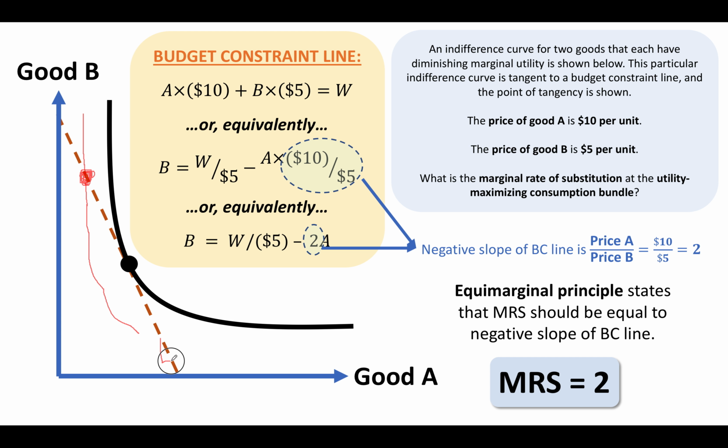The budget constraint line slope is -2. That's just what it is. That's because the price of A is twice the price of B, so the budget constraint line's always got to be -2. But this bundle here, because it would be on an indifference curve, it has a very, very steep indifference curve. So for this bundle right here, my MRS, you remember it's delta B over delta A, it's rise over run. So the delta B over delta A for this indifference curve, so if I were to draw a tangent line to this indifference curve, it would be nearly vertical. So this delta B over delta A would be much bigger than 2.